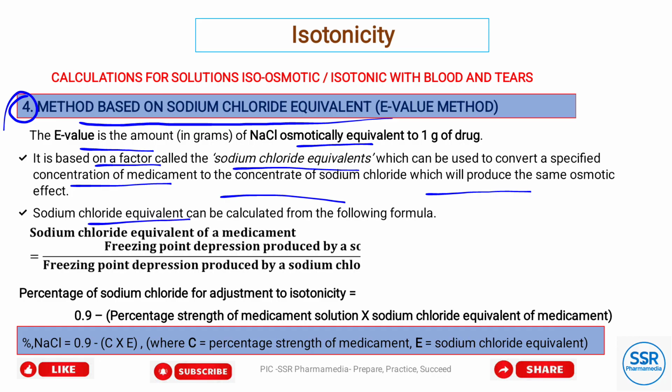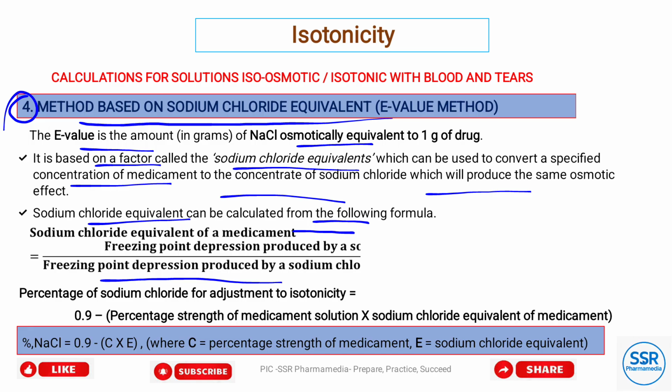The sodium chloride equivalent can be calculated from the following formula: sodium chloride equivalent is equal to the freezing point depression by a solute divided by the freezing point depression produced by sodium chloride.